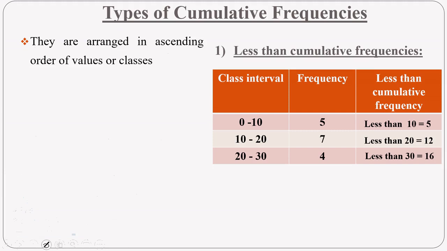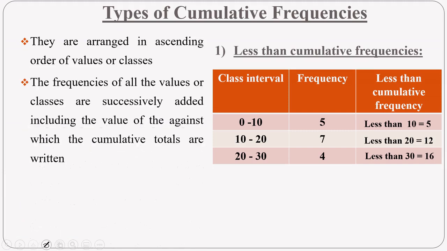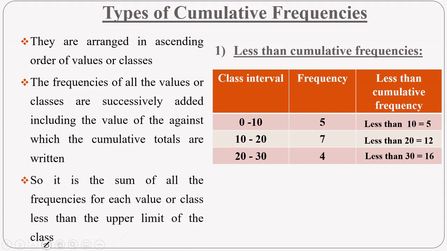So they are arranged in ascending order of values or classes, that is from small to big. Frequencies of all values or classes are successively added, including the value against which the cumulative totals are written. So it is a sum of all frequencies for each value or class less than the upper limit of the classes.